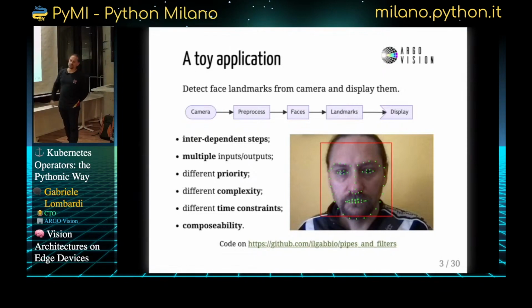We have the building blocks already made by someone else, and we just want to compose them and identify the best composition depending on our task. So the problem is made up of components that are interdependent and that may have different priorities. Maybe we want to have landmarks if possible. When not possible, we want to have just the face detections as an example, and with different time constraints.